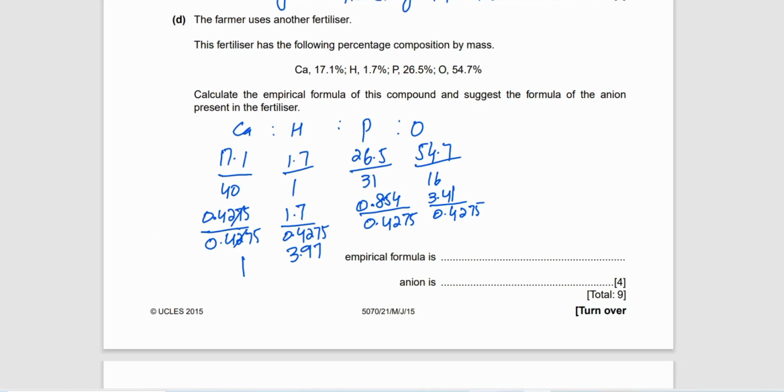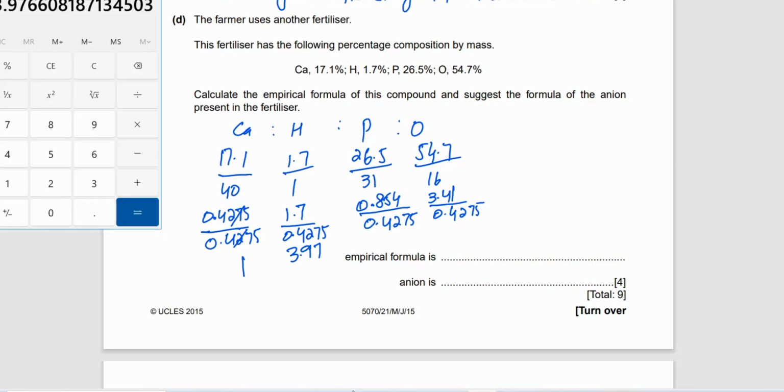Almost it becomes 4. Okay, 0.854 divided by 0.4275, it becomes almost 2.